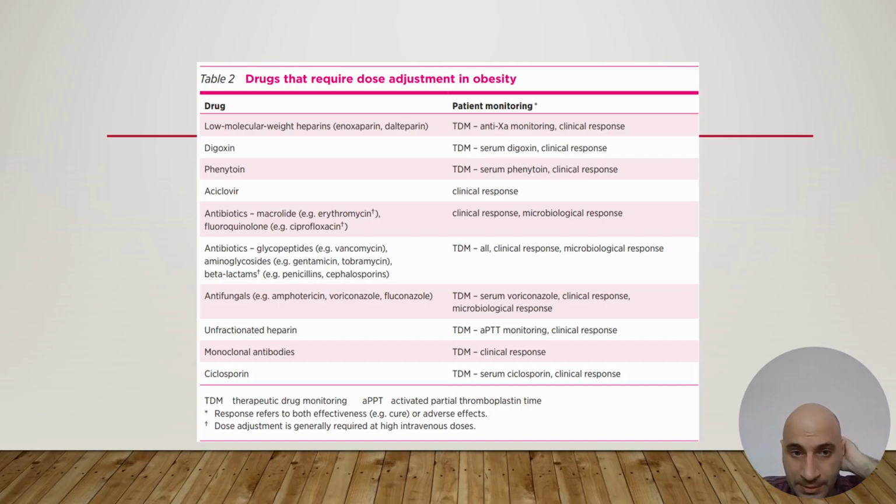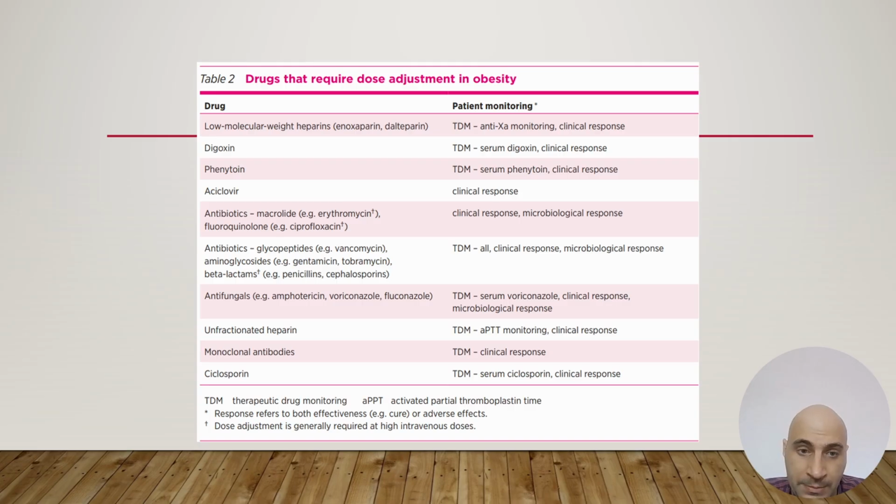So here is a list of drugs that require adjustment in obesity and how to do the adjustment. For some drugs we just follow the clinical response, no need to monitor concentration, and for some drugs it's not enough.